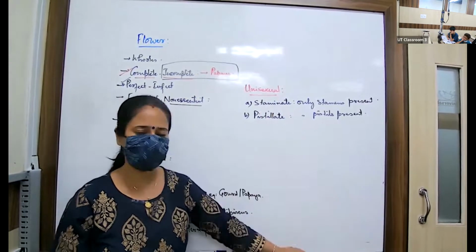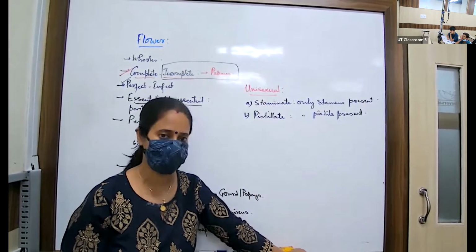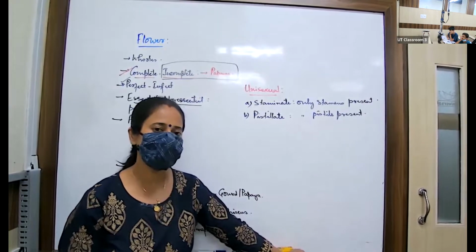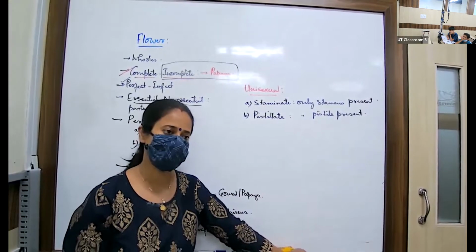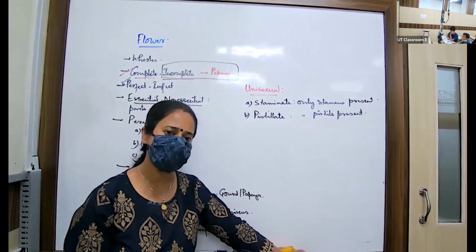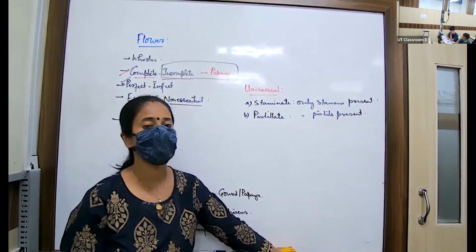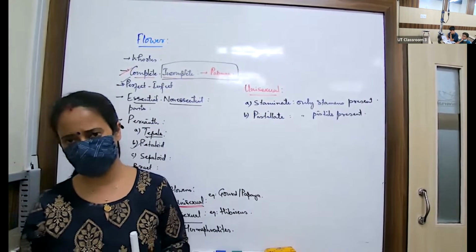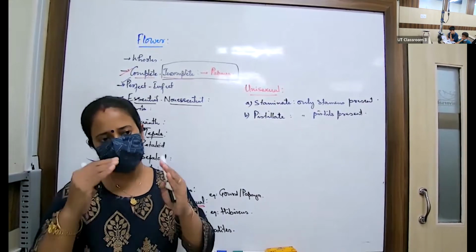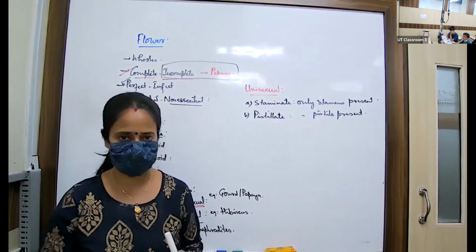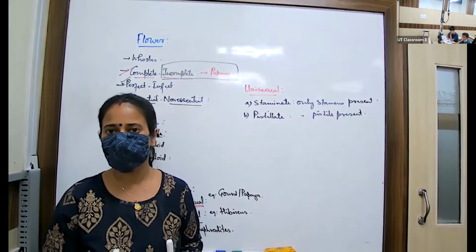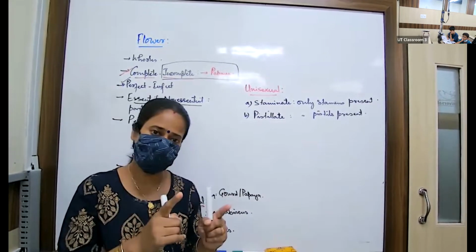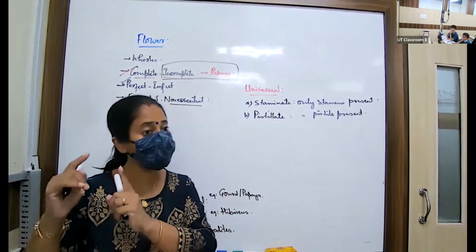So unisexual flowers can be of how many types? Two types. Unisexual flowers can be of two types, either male flowers or female flowers. Sometimes we come across that the same plant may have both male and female flowers, and sometimes one plant has only male flowers, another plant only female flowers.